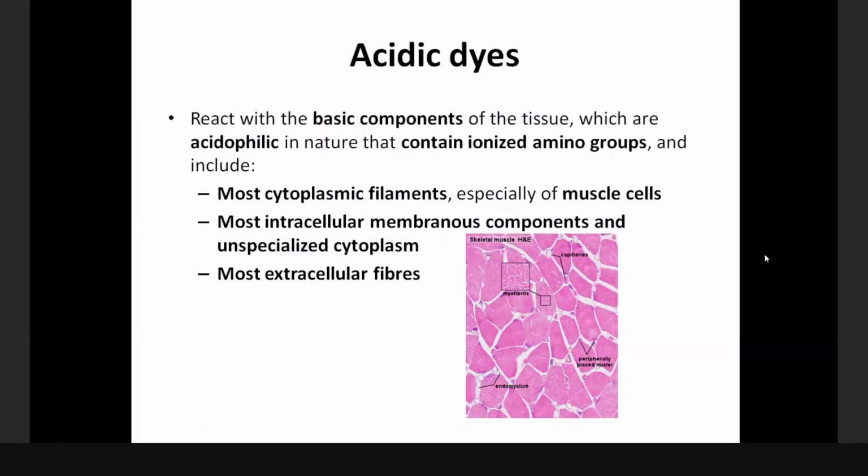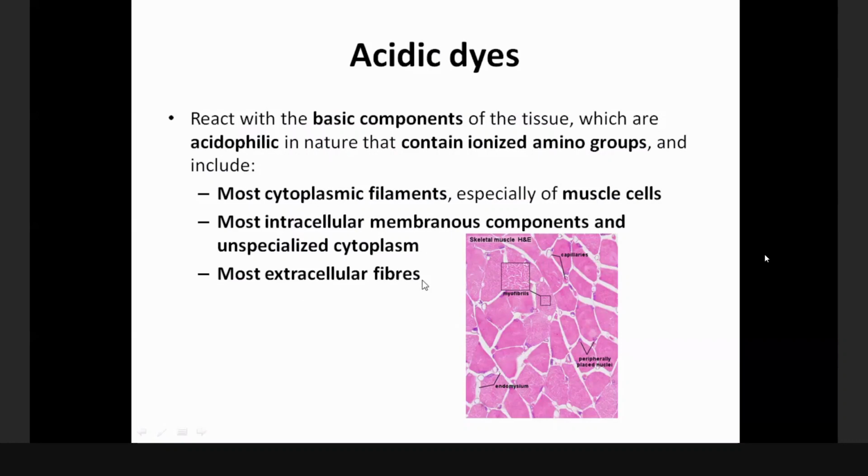We also have in cytoplasm plenty of filaments we are going to see next week. We have microfilaments, intermediate filaments. They are all able to be stained by these acidic dyes. Most intracellular membranous components, membranous types of organelles, are able to be stained because they are acidophilic.